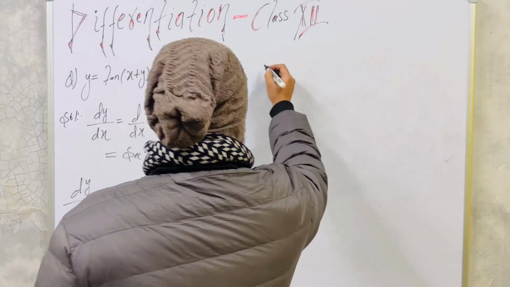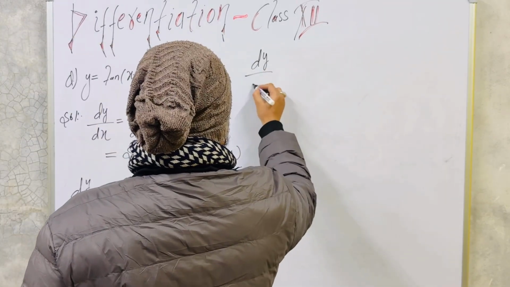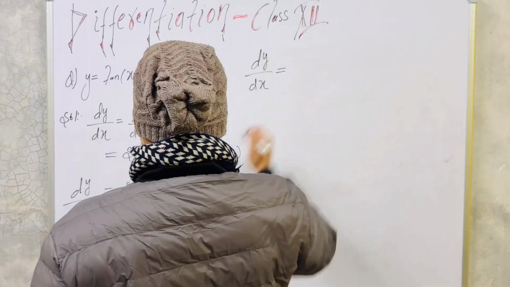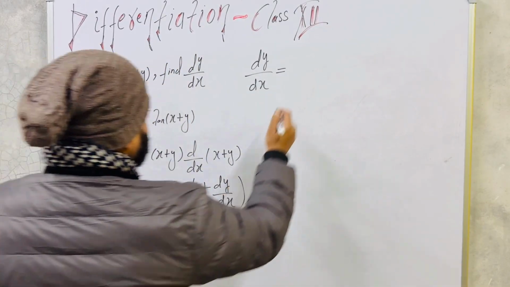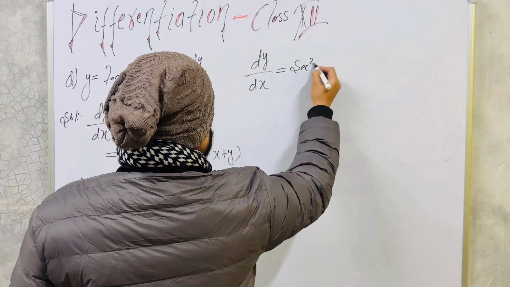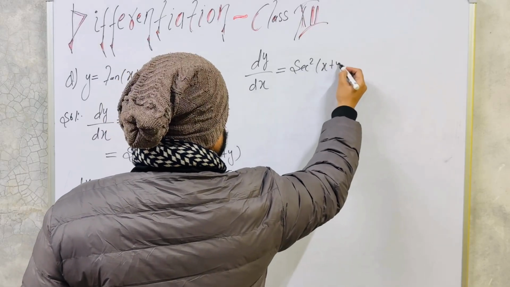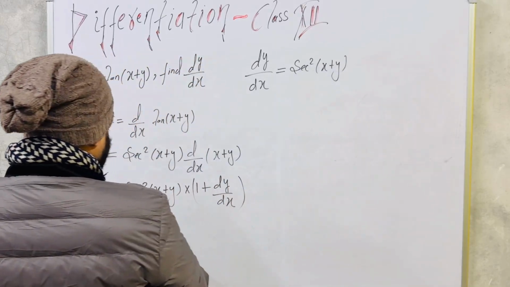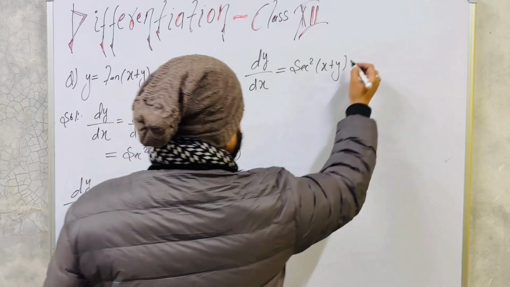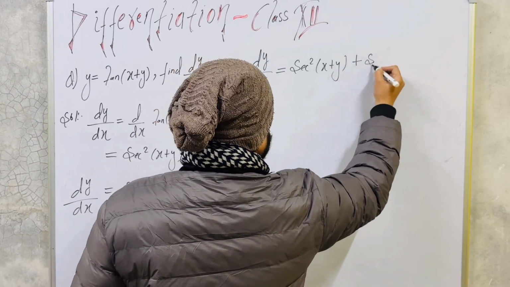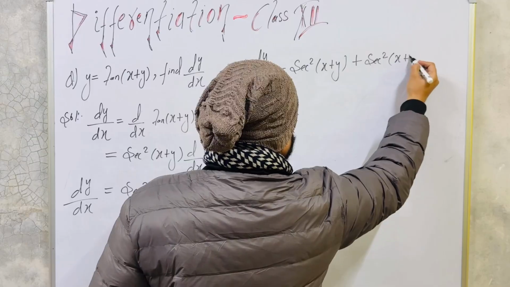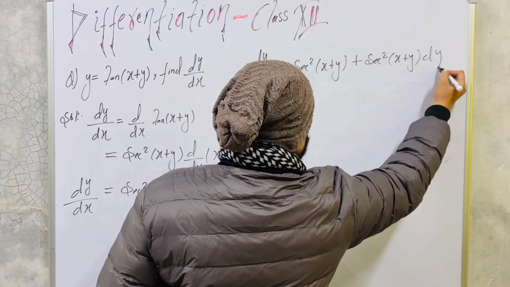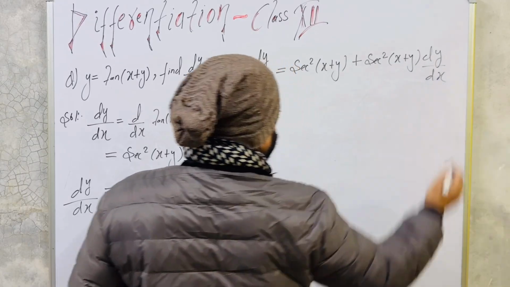Okay, now dy by dx is equal to the multiplication of sec square x plus y in 1 times, that is sec square x plus y, and again this is multiplication of this plus sec square x plus y into dy by dx.